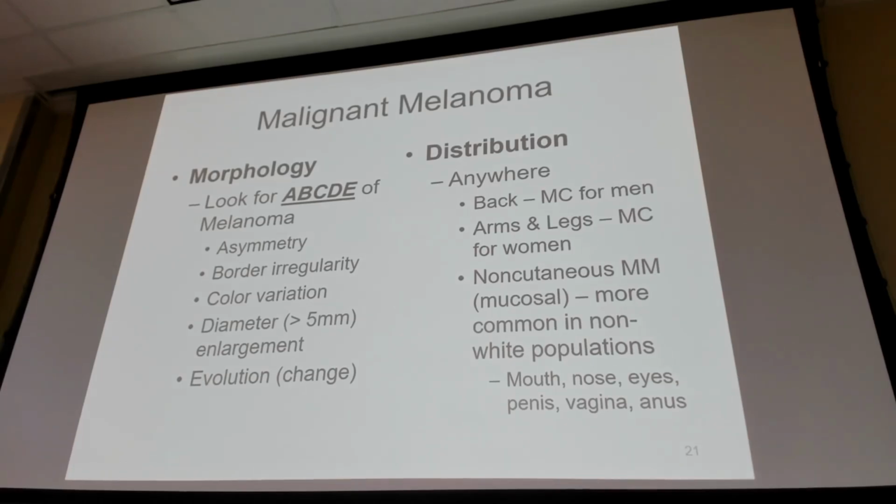So it can be on the gingiva, it can be on the cheeks. These things can spread, metastasize, they can develop. So mouth, nose, eyes, penis, vagina, anus. Those are some of those locations that this malignant melanoma can occur.